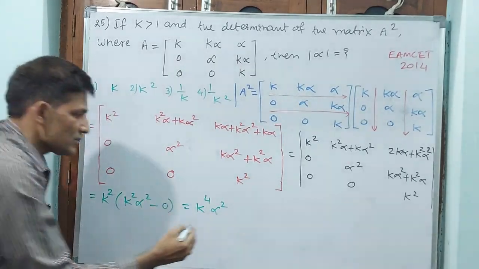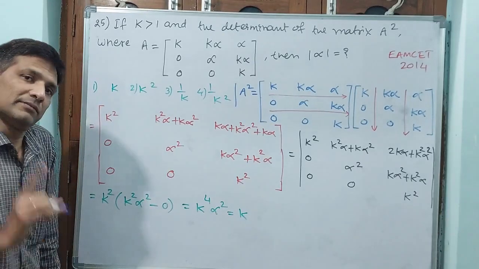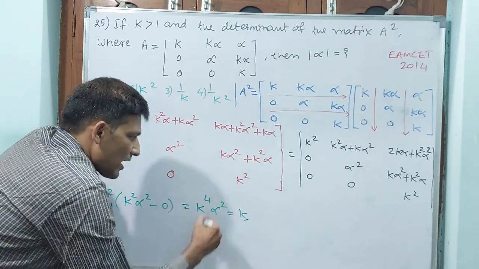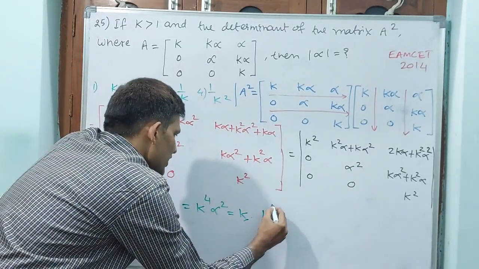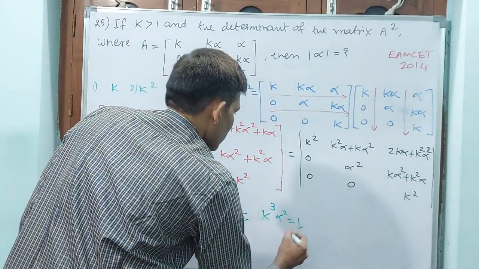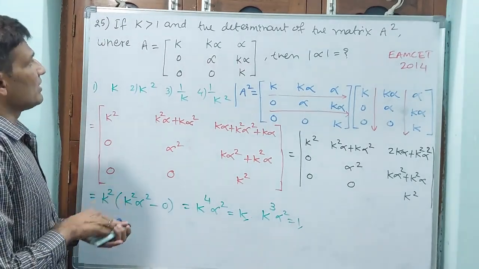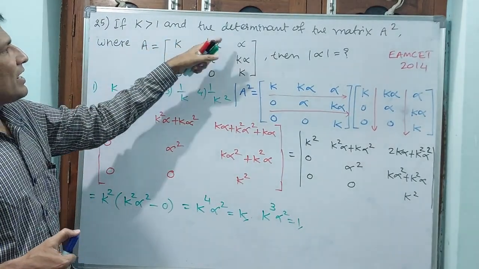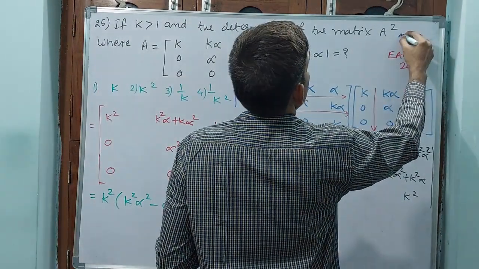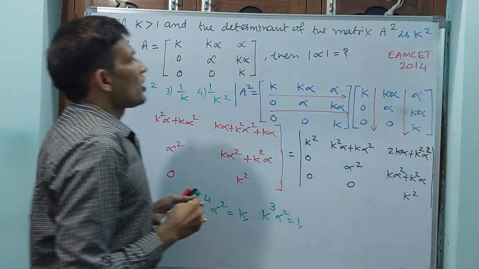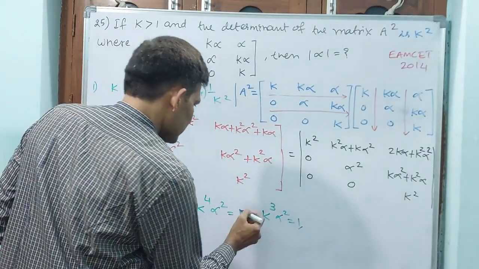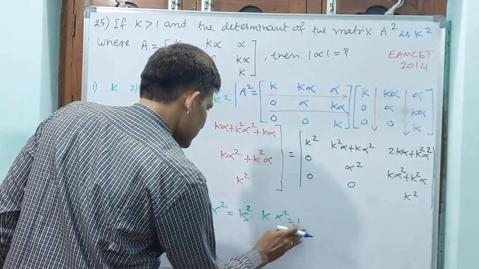The determinant of A square is K square, so you have to write K square, because K square value is the determinant of A square. Then K square will come here. Some mistake has happened.